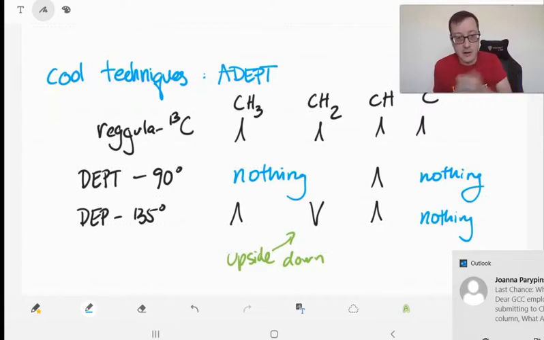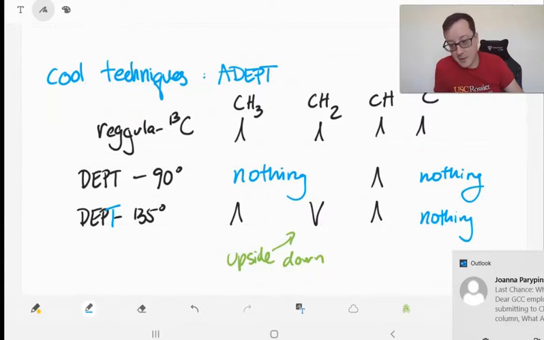The regular one shows you all of them. 90 degrees shows you CH only. The DEPT 135 will show you CH3s and CHs normally. So by comparing 90 and 135, you can tell if something has 1 hydrogen or 3. CH2s will be upside down. And if something is showing up in the regular but not in either of the DEPT ones, then it's a quaternary carbon. So it's very useful information.